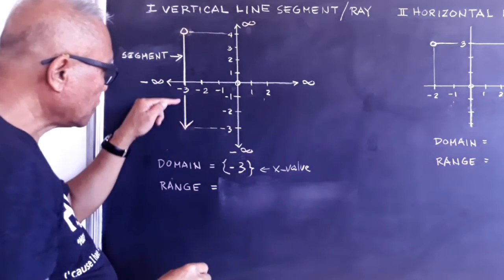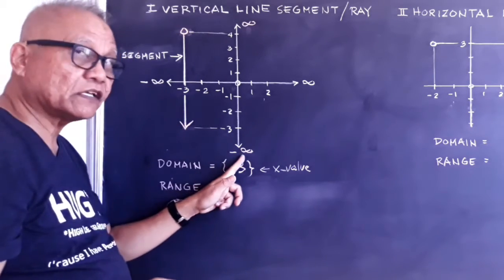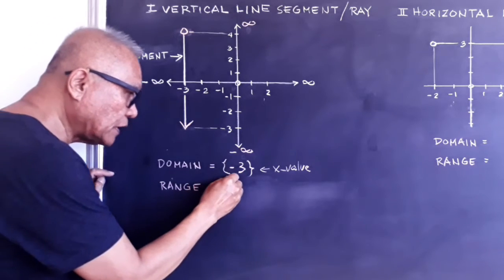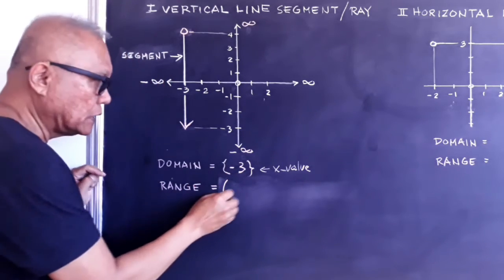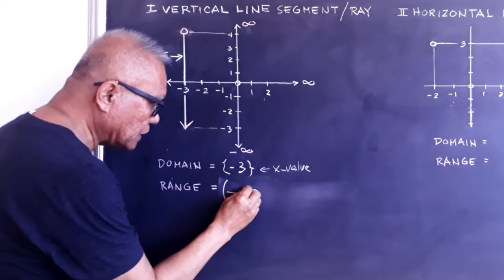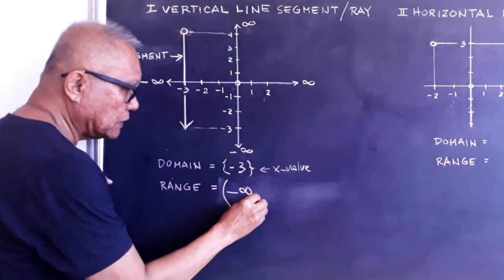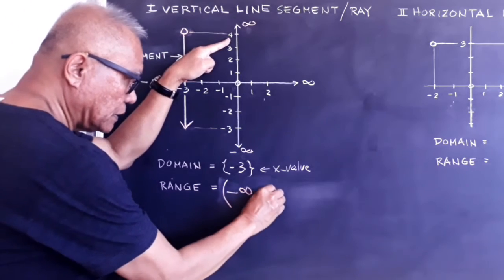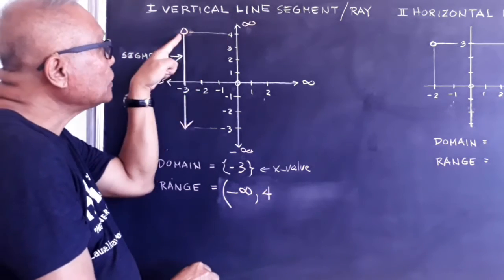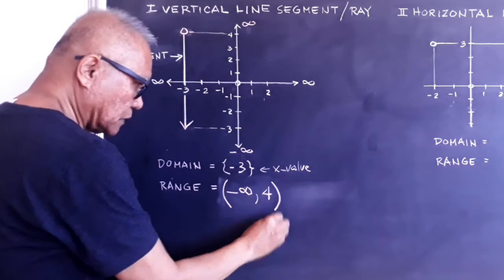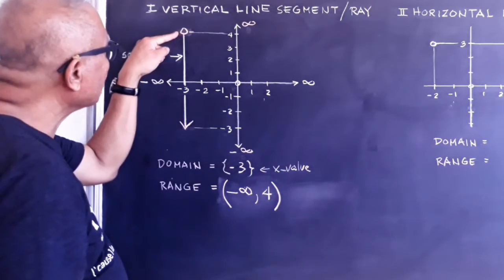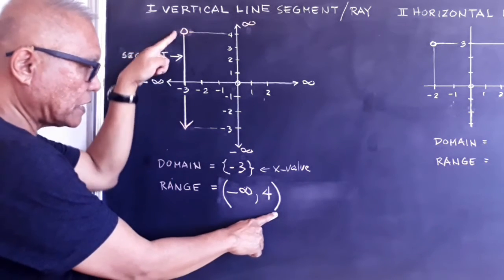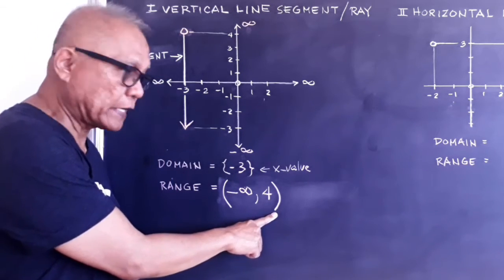So this one's going all the way through negative infinity, so we need to write first the negative infinity, going to this one, but 4 is not included, therefore it's like that. If this one is shaded, it means it is included, then this one will become a square bracket.